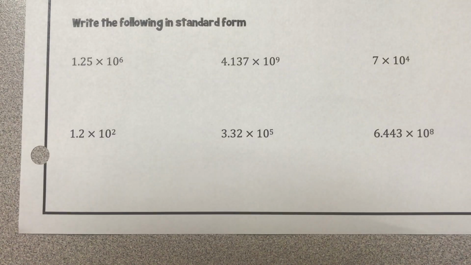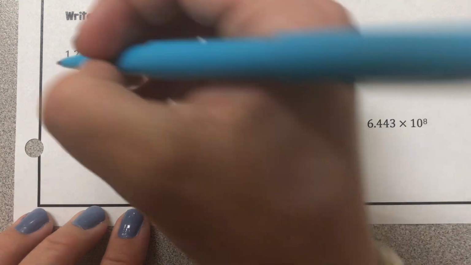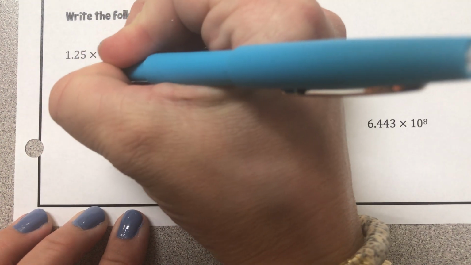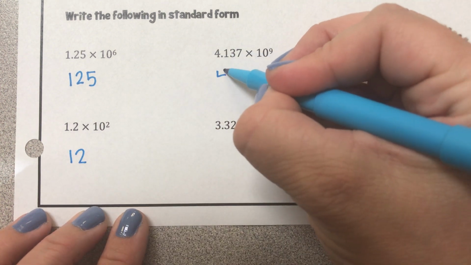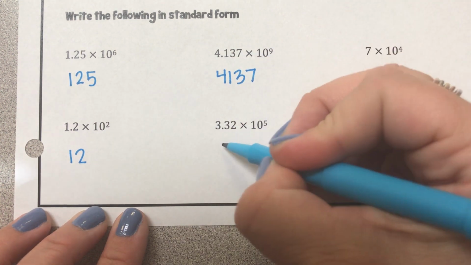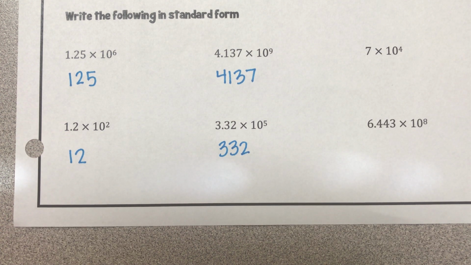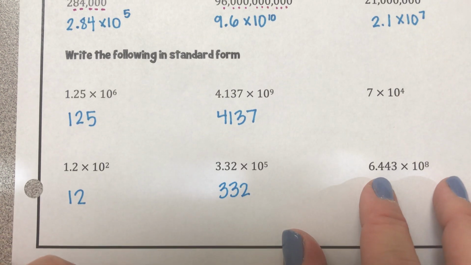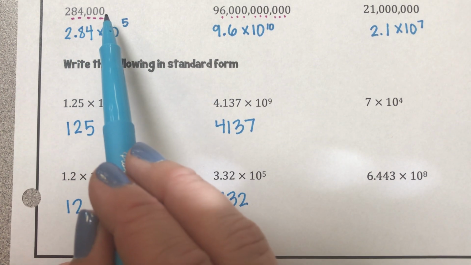So on this one, the way I like to do this is I like to write it without any decimals. I'm just going to write 125. Okay, and now if I go back up to here, this exponent represents how many numbers came after the first one.